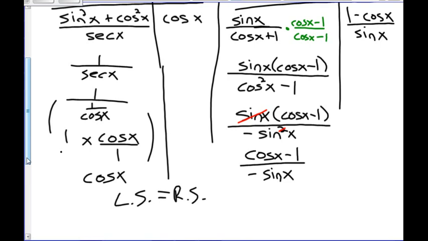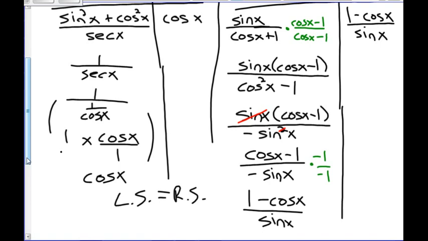There are a whole bunch of ways that we could show how this turns into what we want, 1 minus cos x over sine x. One way would be to multiply the top and bottom by negative 1. That will give us a positive 1, a negative cos x, all over a positive sine x. So when we're done, we can say the left side equals the right side. Therefore, the identity is true. If you have a binomial on the bottom and you want a monomial, use those conjugates.